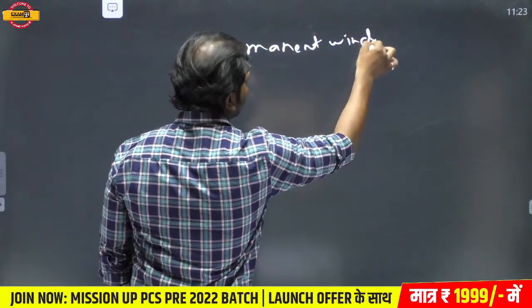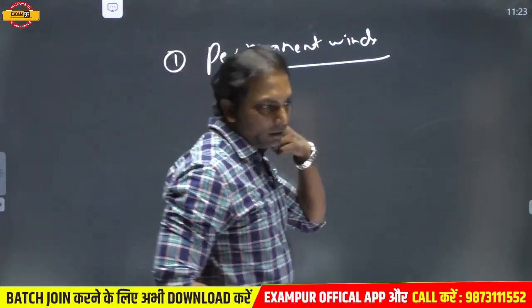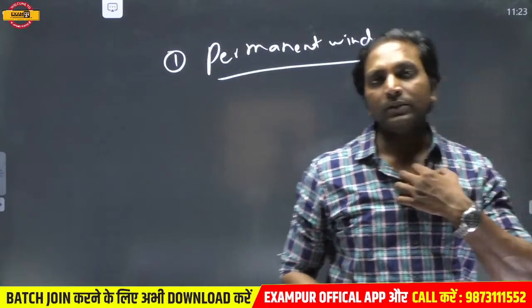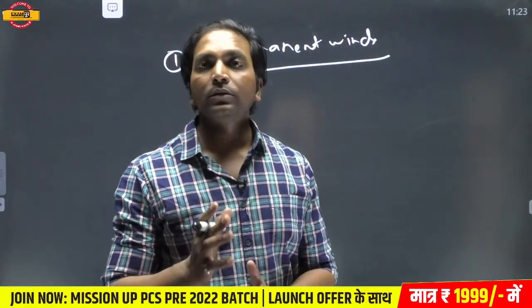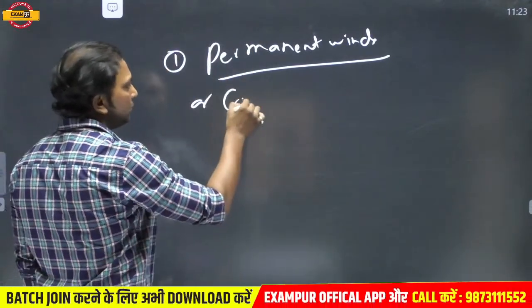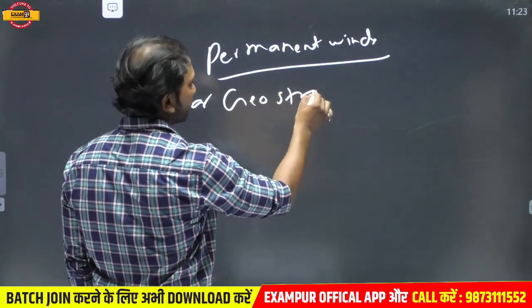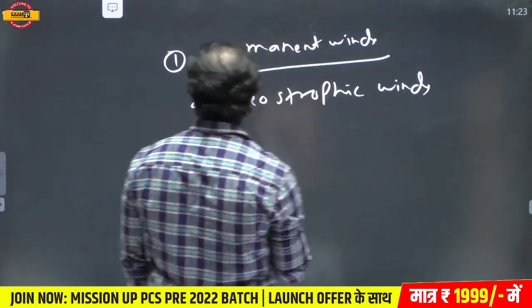Permanent winds, first one. If you remember only one name of these winds, there is a need to remember several more. It is also called the geostrophic winds. This one is called geostrophic winds.